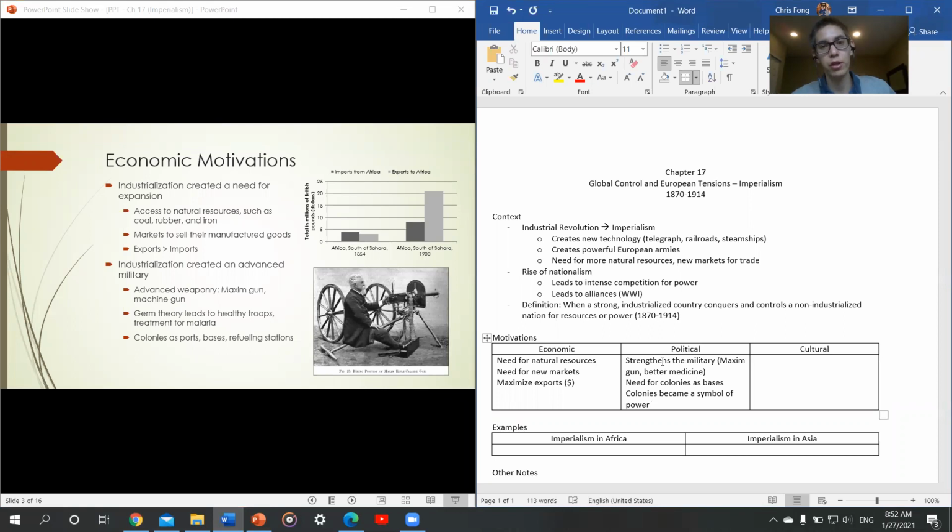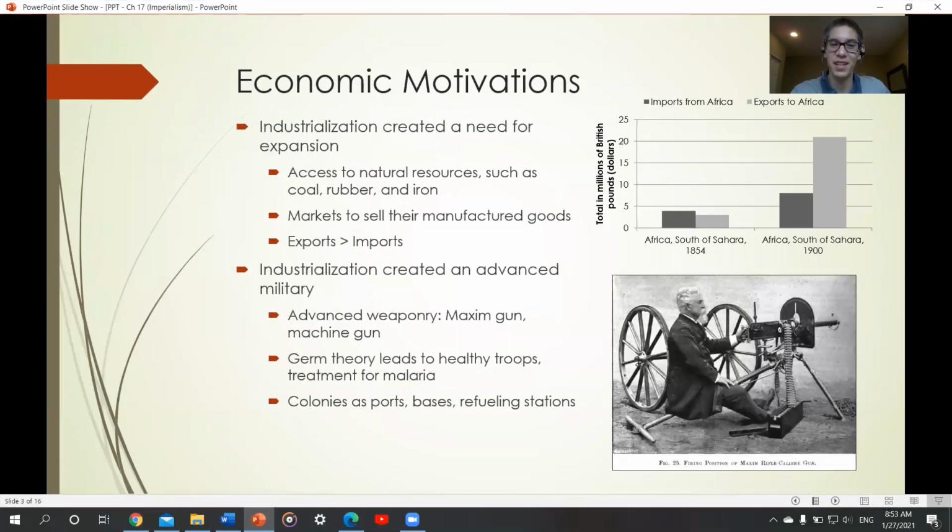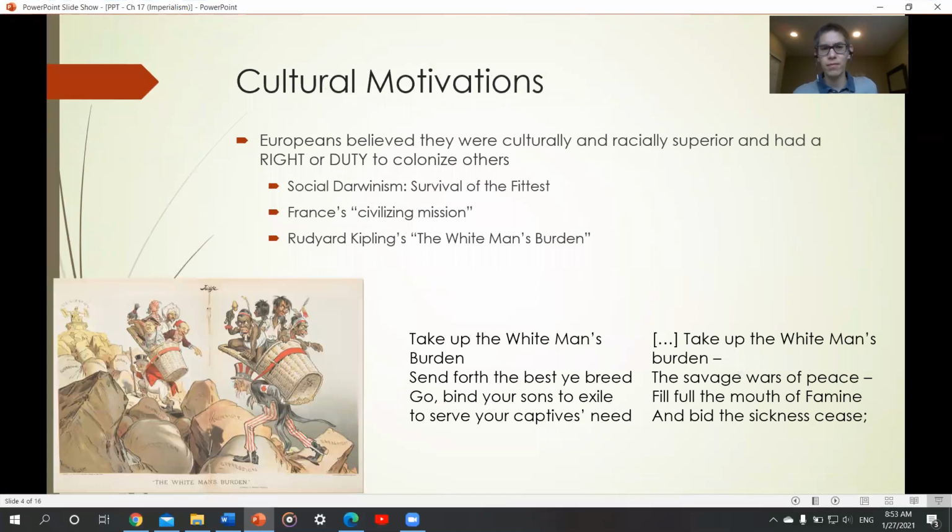And so I put that as a political motivation because this is European nations wanting to prove that they belong, wanting to prove that they are a world power. By getting colonies, even a tiny country like Belgium, by getting an African colony, they're able to prove to the world, I suppose, they are worthy of respect.